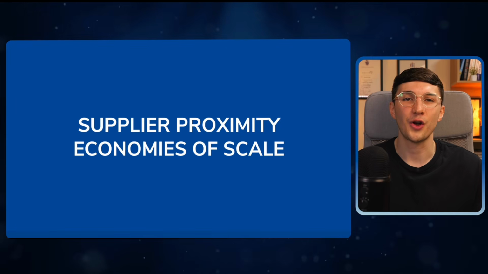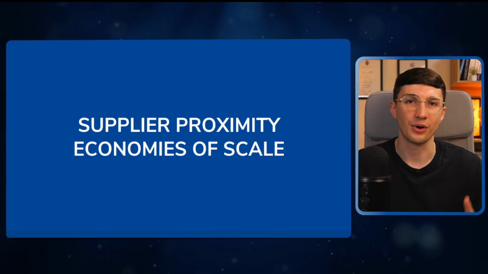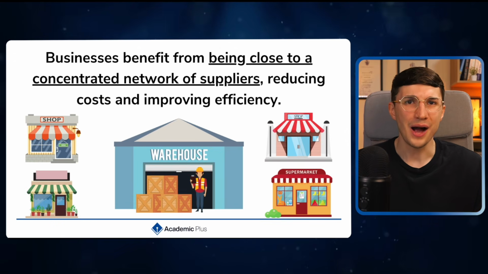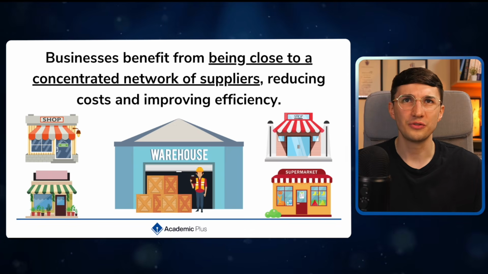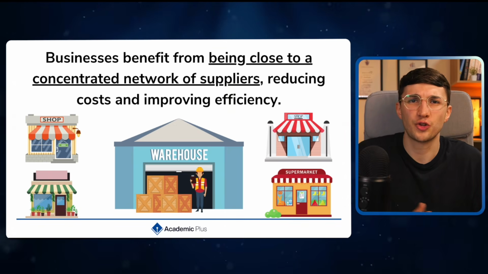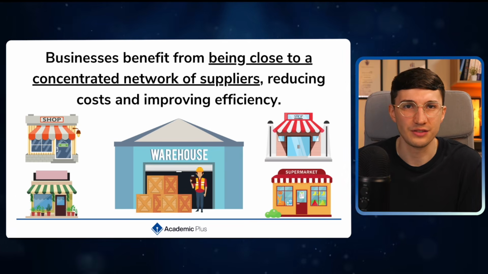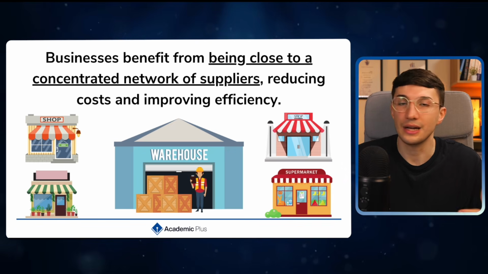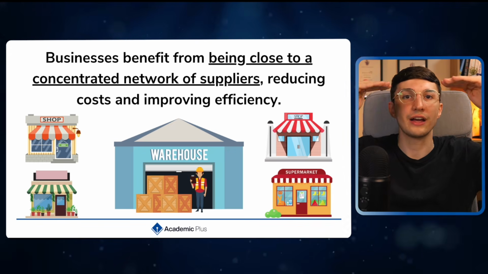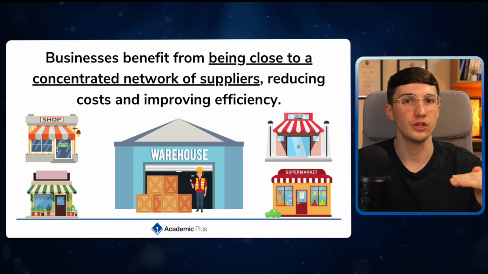The next external economies of scale we have is supplier proximity. Now all this means is how close you are located to your supplier? Because the closer that you are to your supplier, in theory that should be reducing your transportation costs. So if you were to see a large supplier set up within your region, typically that specific region would have external economies of scale reducing the unit costs.